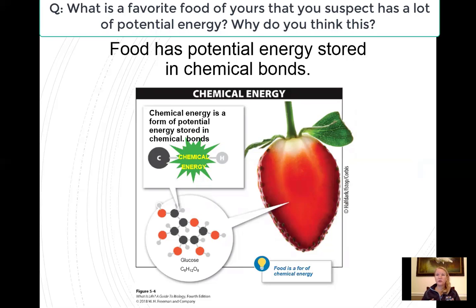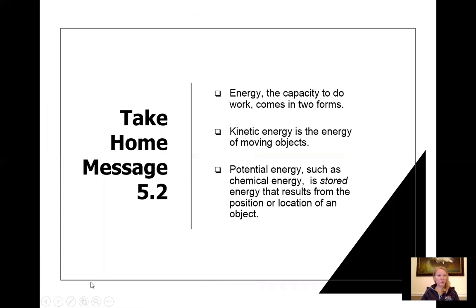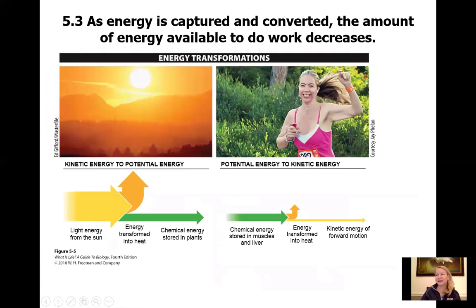If we understand the bonds of a particular food, whether it's chicken, strawberries, lollipops, all of that, as scientists we can understand how much potential energy those bonds have when our body breaks them down and that energy is released. There you go, take home message, summarize.